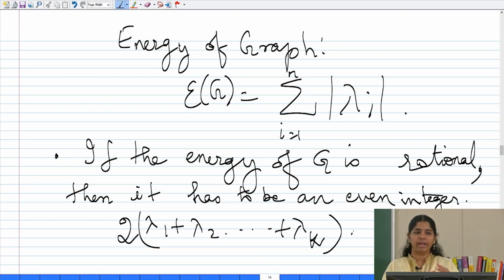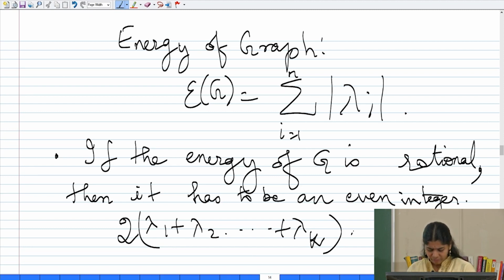The main crux here is that the characteristic polynomial is monic with integer coefficients, right. Then the roots will also have to be integers. So, with that principle, we can conclude immediately that the sum has to be an integer and hence even.